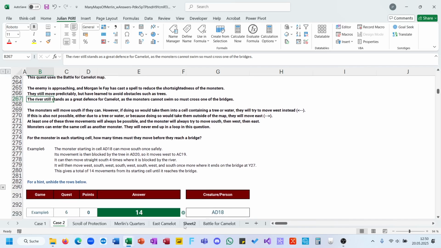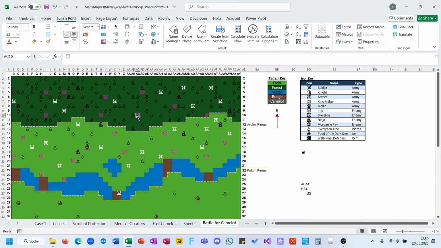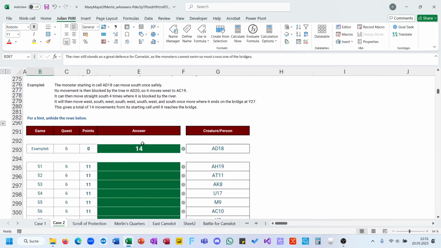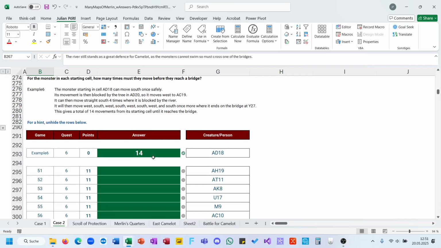So the monsters will move south. If there is then a tree or border, they will move east, and if there is then, otherwise they will move west, otherwise 80.